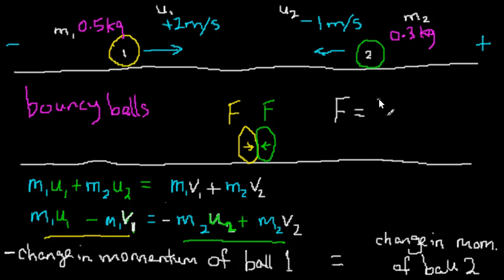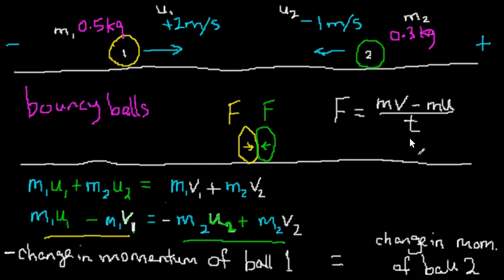So the change in momentum will be m1, mass times the final velocity, minus the mass times the initial velocity. Okay, so final minus initial momentum divided by the time taken. So in this case, we have a force, and when the balls hit each other, they get squashed a little bit while they're in contact, and then they bounce off again.